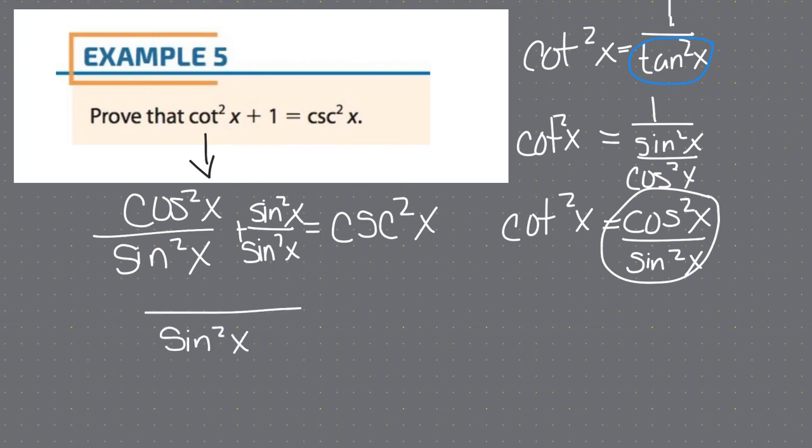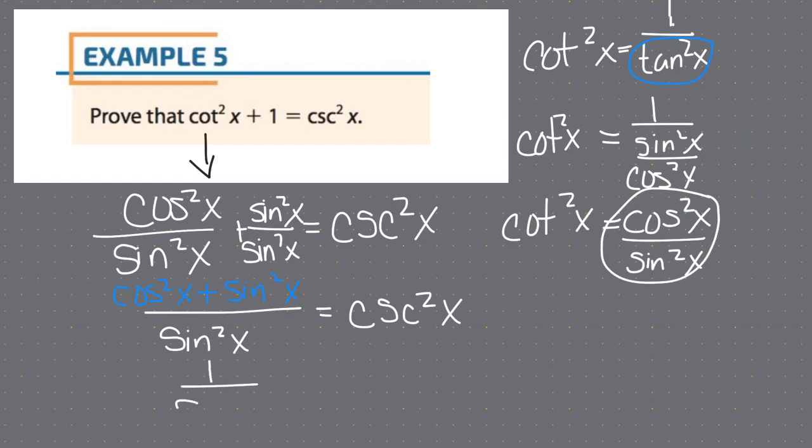That's my common denominator. And look at my numerator. My numerator is cosine squared x plus sine squared x, and that is equal to cosecant squared x. Well, look at that part. That's cosine squared x plus sine squared x. What is that equal to? You better all have just said 1.